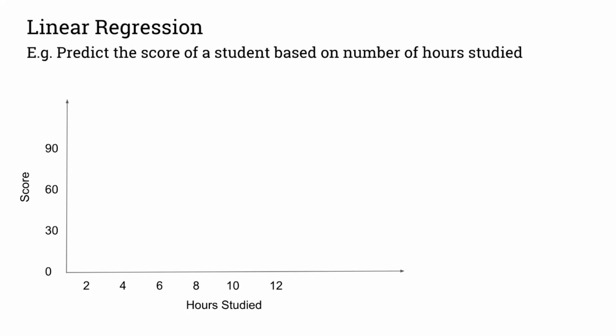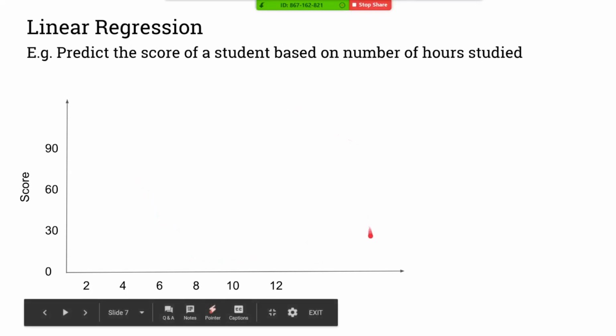There are two main types of problems in machine learning. The first one is called regression problems, and the second one is called classification problems. Here is an example of a regression problem. On the x-axis you are given the number of hours that a student studies: 2 hours, 4 hours, 6, 8, 10, and 12.